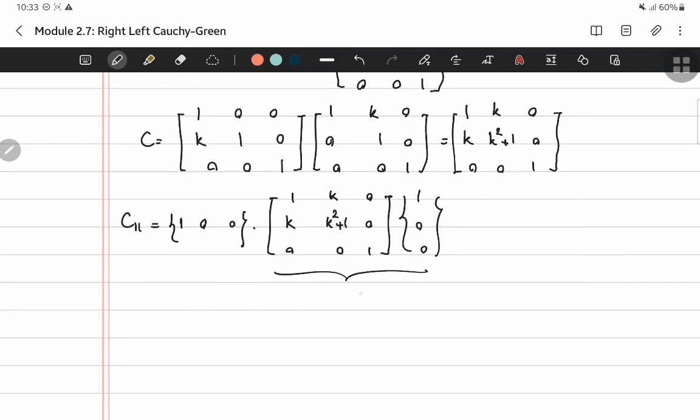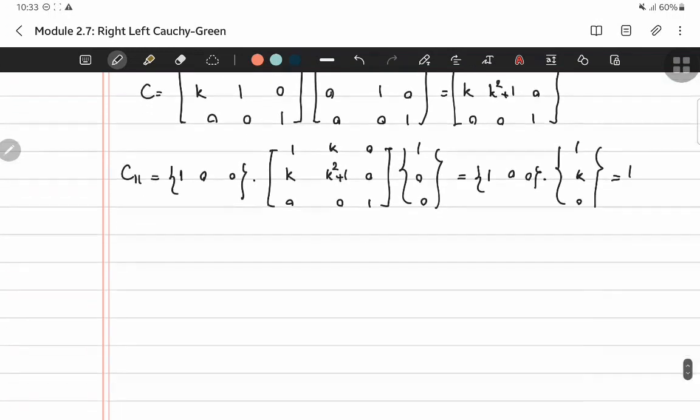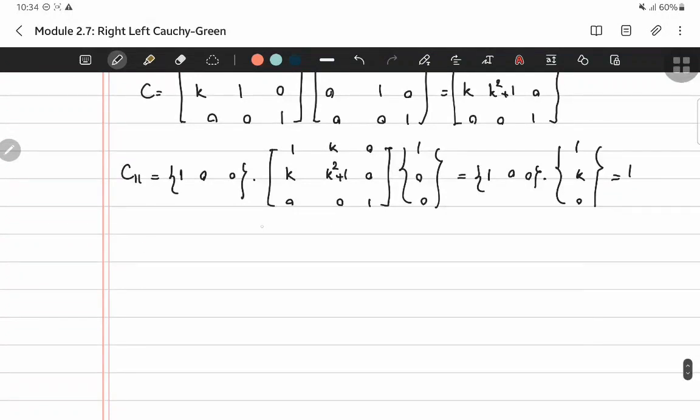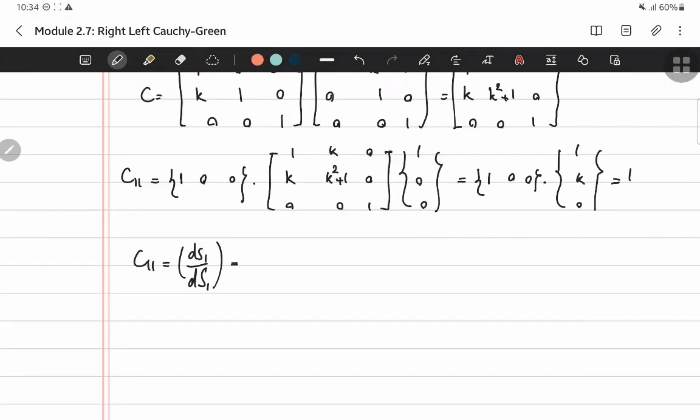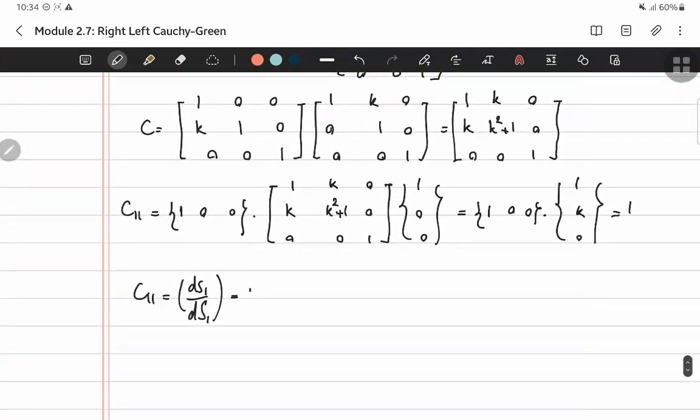Which finally gives you 1. So you can also get this from what you already said, that C11 is equal to ds1 divided by d capital S1, squared, so it becomes 1.